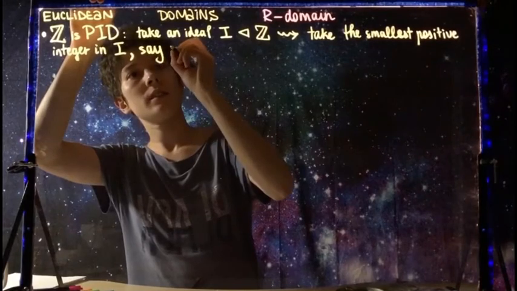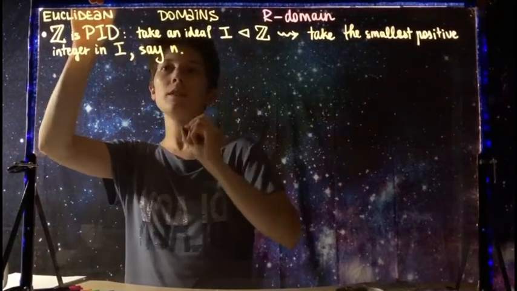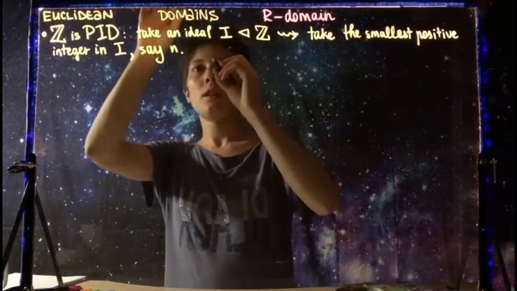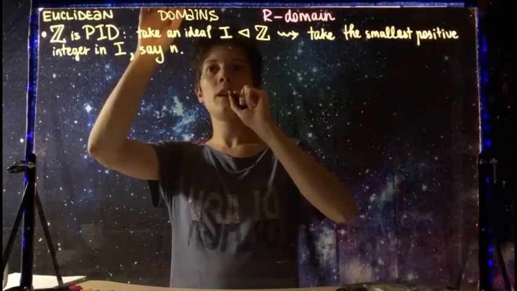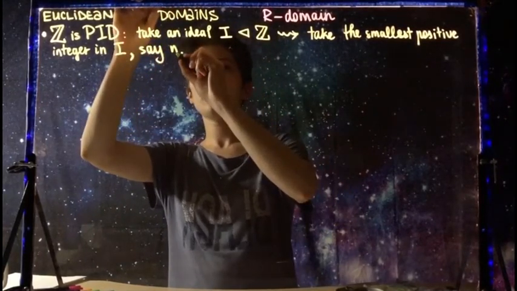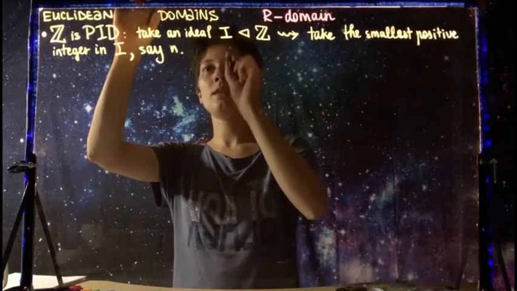And let's say that this integer is n, and I want to say that this integer generates the ideal I.